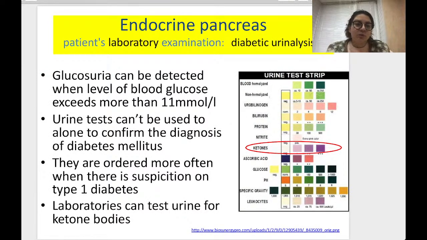And for diabetic urinalysis, we do a simple urinary test, and here it is obligatory to test for ketones. In general, what can be diagnosed in urinalysis? First of all, it is glucosuria. It can be detected when the level of blood glucose exceeds 11 millimoles per liter.